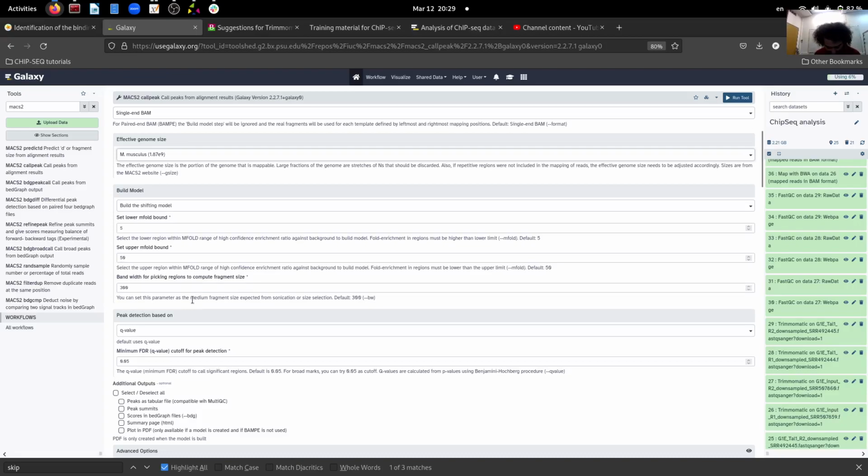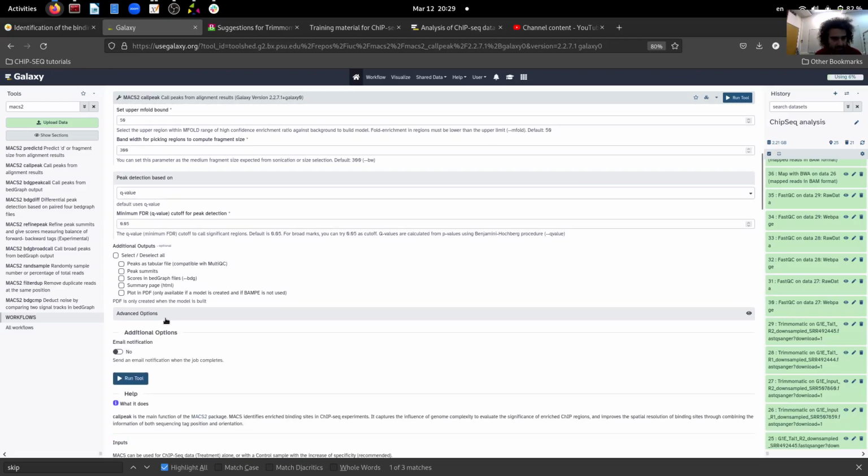Let me check. What kind of outputs we want to have for our results. So we go to additional outputs here. Where is the additional output?